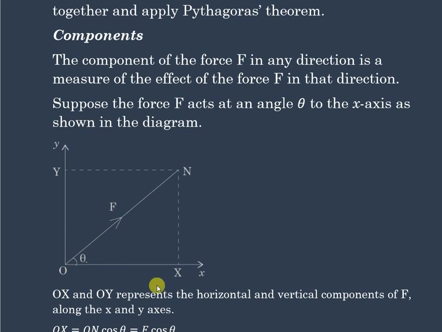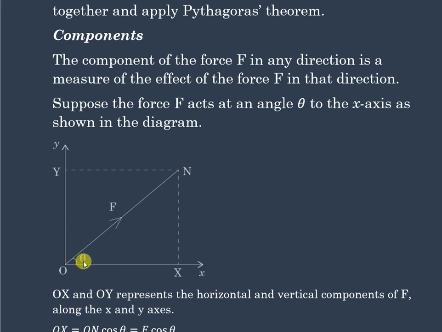The horizontal effect of that force is what we call the horizontal component, while the vertical effect is the vertical component. The effect of the force in a given direction is the component of the force in that direction.